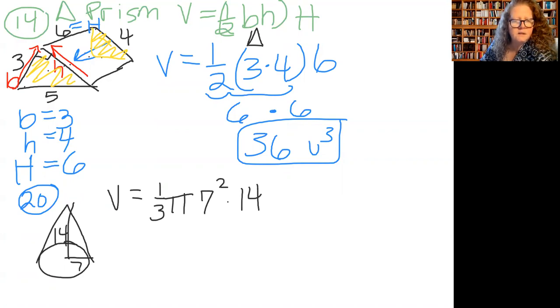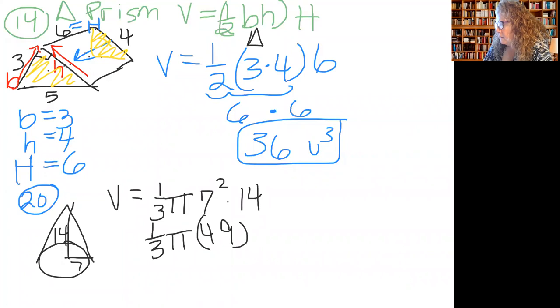Okay, so they do give a decimal with pi, but you're welcome to do either one. So you have 1/3 pi times 49 times 14. 49 times 14 is 686.